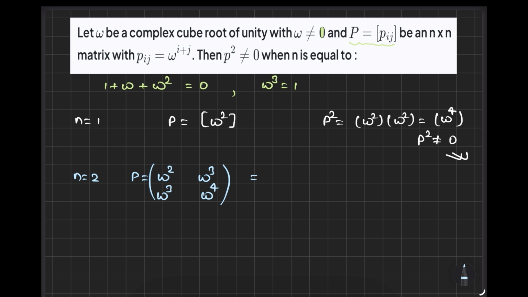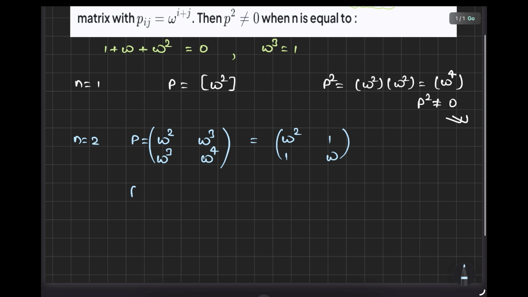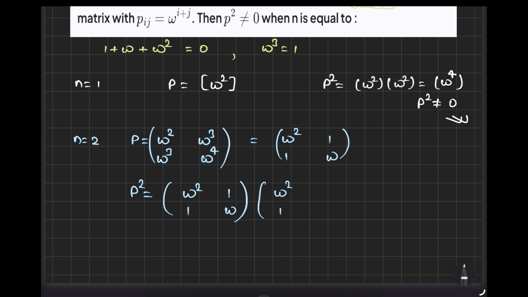Just modify a little bit: we can write omega square, 1, 1, omega. P square is P into P. Let's multiply things. So it is omega power 4 plus 1, then omega square plus omega.